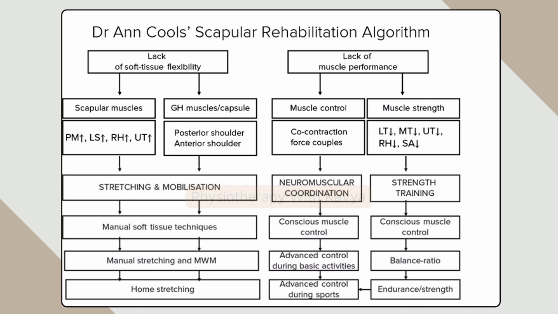That can involve neuromuscular coordination, conscious muscle control, advanced control during basic activities, and during sports if it's an athlete. For strength training, we can go for conscious muscle control, balance, ratio, and endurance and strength training. Some things might be new here, like the conscious muscle control, balance ratio, and we'll look at that now.